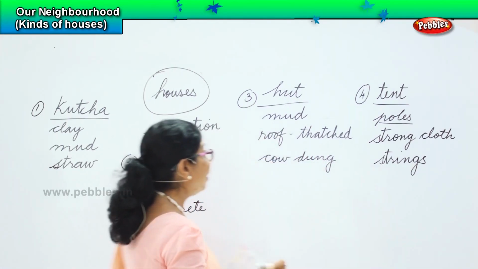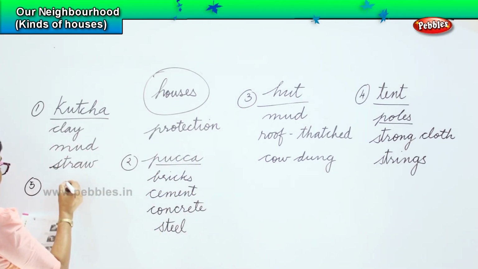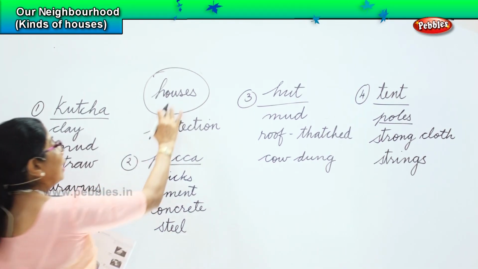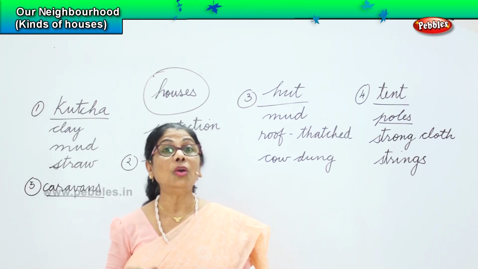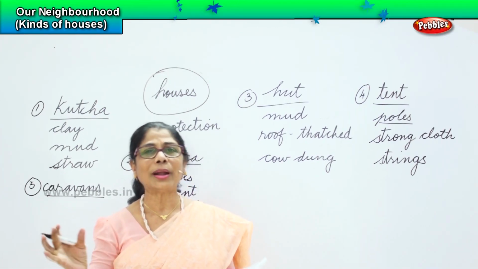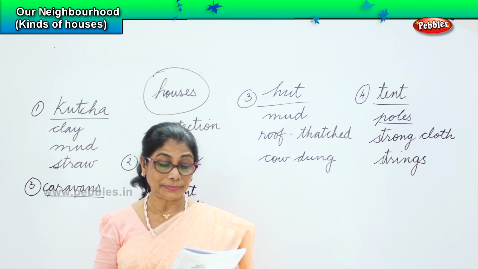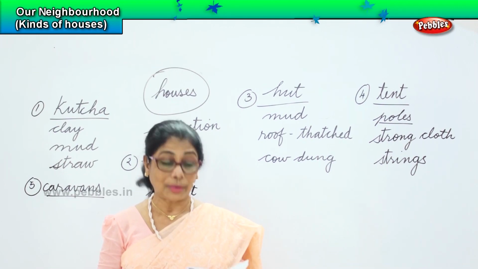Caravans. Caravan is another type. What is a caravan? A caravan is a type of house built on wheels. It is like a vehicle. They go from one place to another, and they have everything in that vehicle. Houses built on vehicle wheels are called caravans.